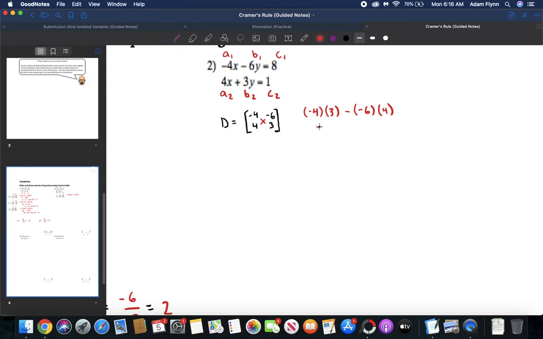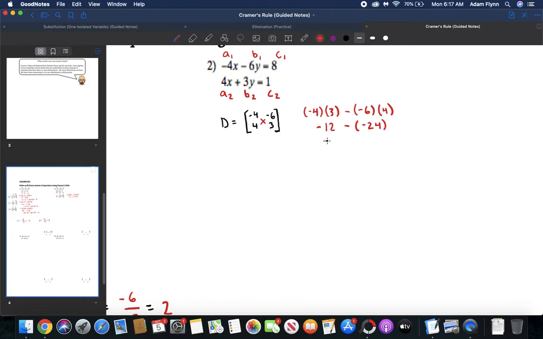-4 times 3 is going to be -12. Minus -6 times 4 is going to be -24. I'll simplify my parentheses here, so I've got -24.